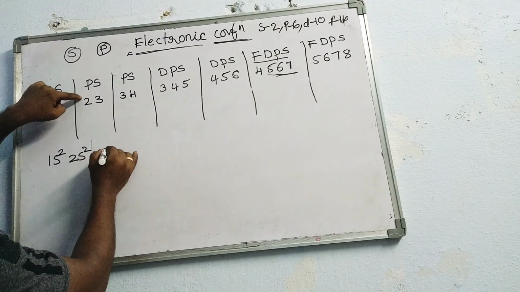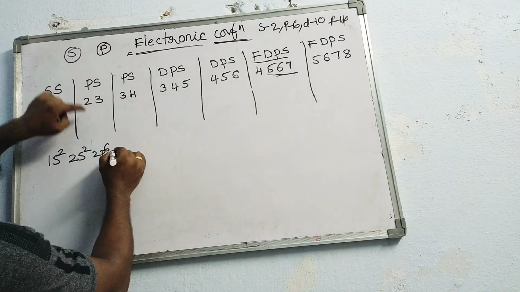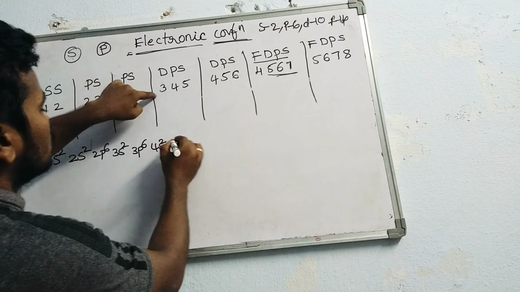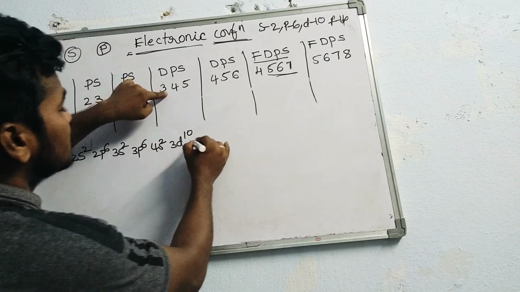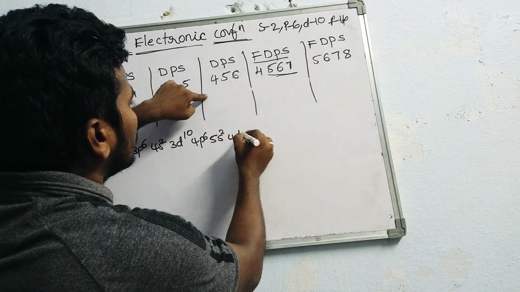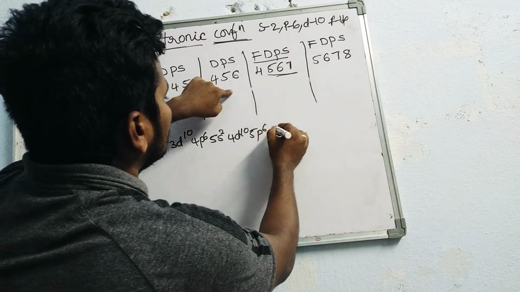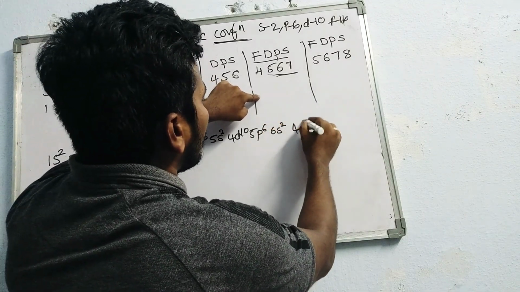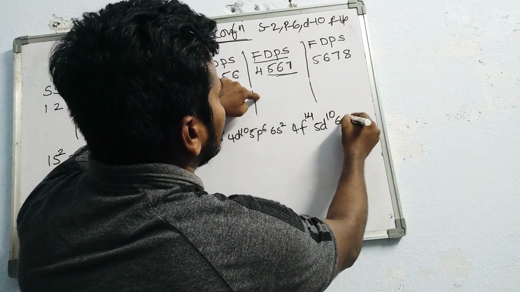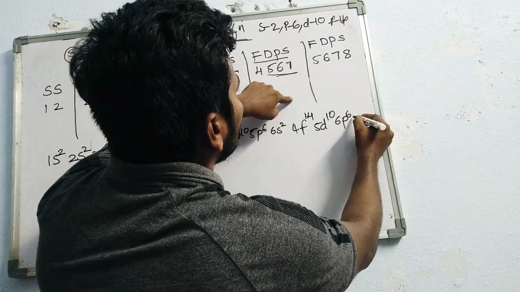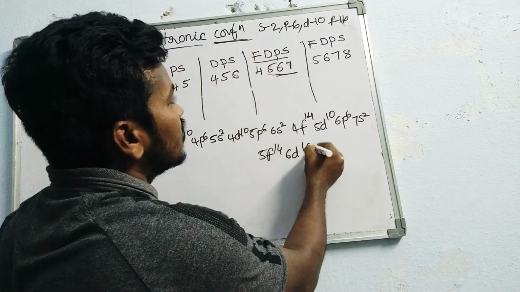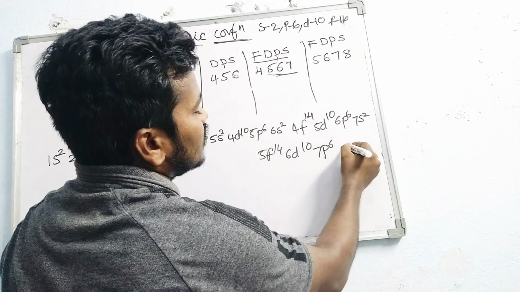Next 2p, p capacity is 6, so 2p6, then 3s2, 3p6, 4s2, 3d10, 4p6, 5s2, 4d10, 5p6, 6s2, 4f. What is the f orbital capacity? 14 electrons. Next 5d10, 6p6, 7s2, 5f14, 6d10, 7p6, 8s2.